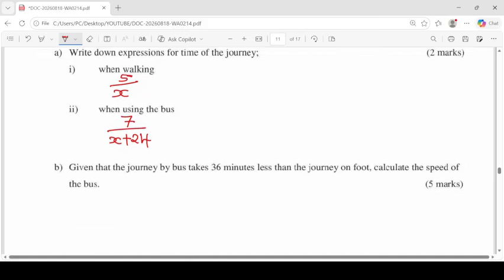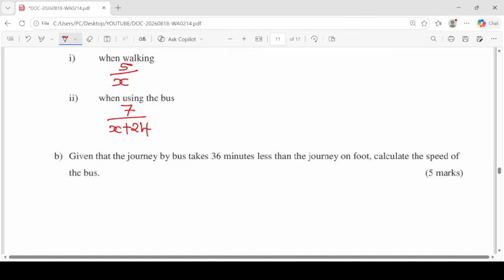Part B, given that the journey by bus takes 36 minutes less than the journey on foot, calculate the speed of the bus. So when you are told that the journey by bus is 36 minutes less than that of the foot, meaning when you take the time taken while walking on foot, which is given by 5 over x, minus the time taken while traveling by bus, which is 7 over x plus 24.